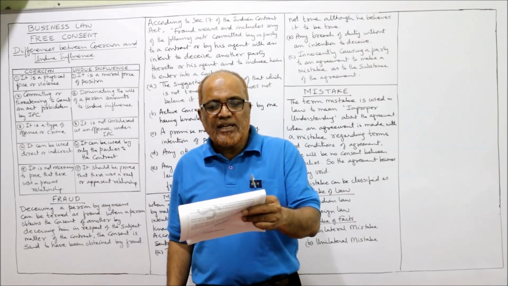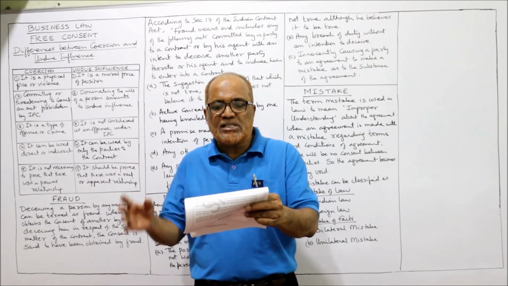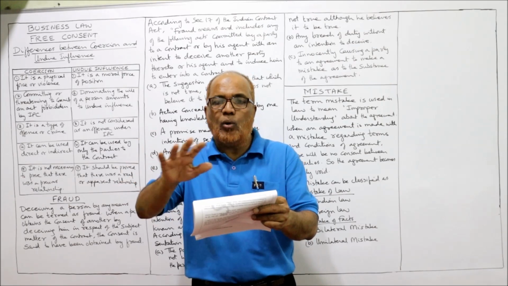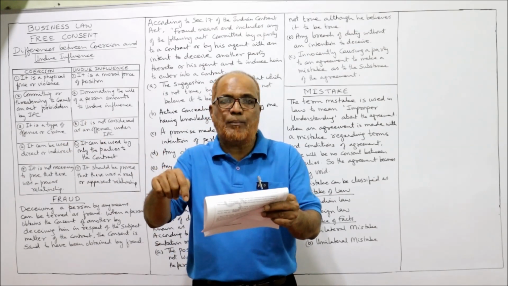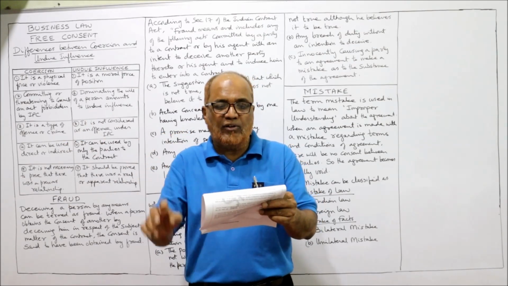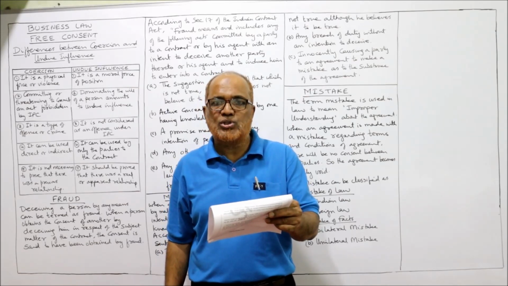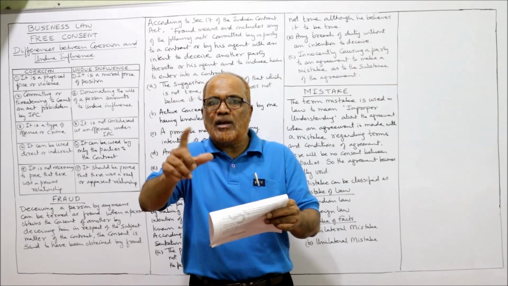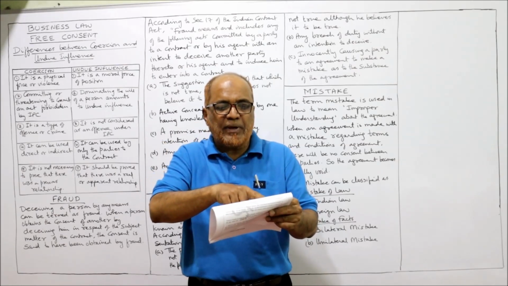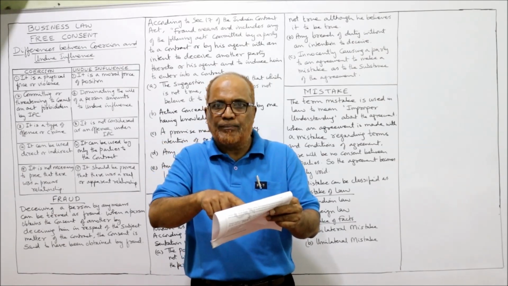Sixth problem. A spiritual guru induced his devotee to gift to him the whole of his property in return for a promise of salvation of the devotee. Is the agreement valid? No. Undue influence. Because there is a fiduciary relationship between the spiritual guru and the devotee.